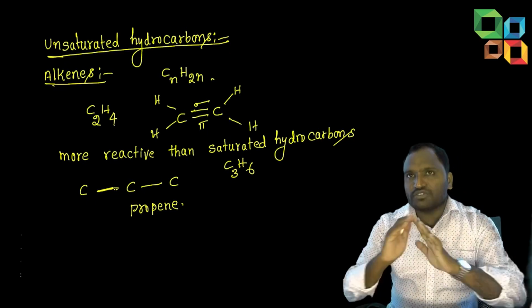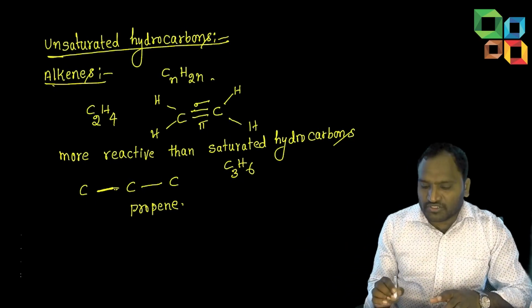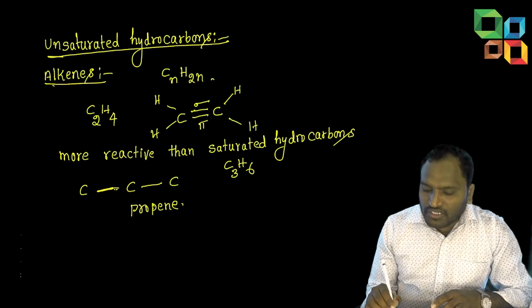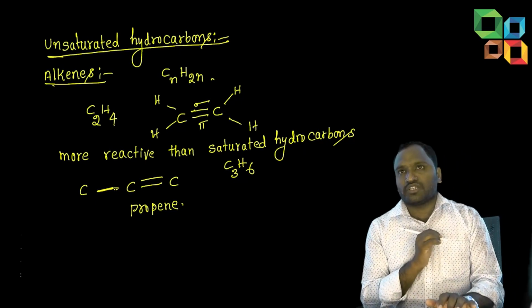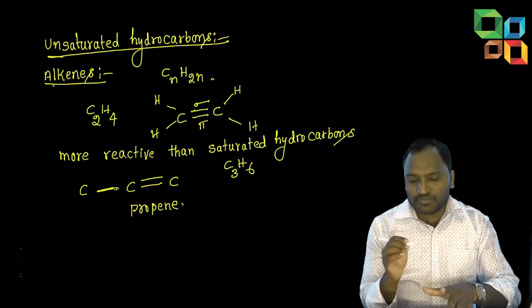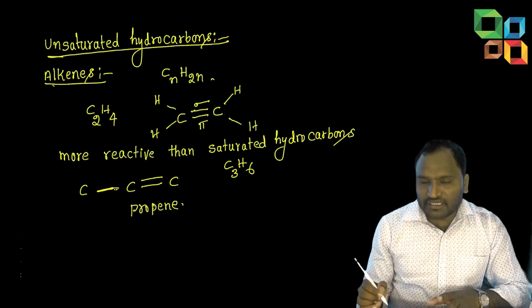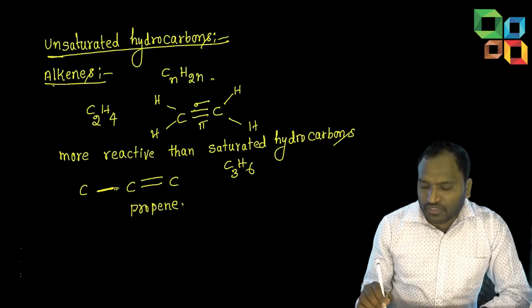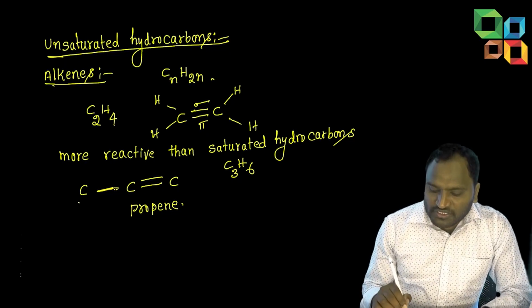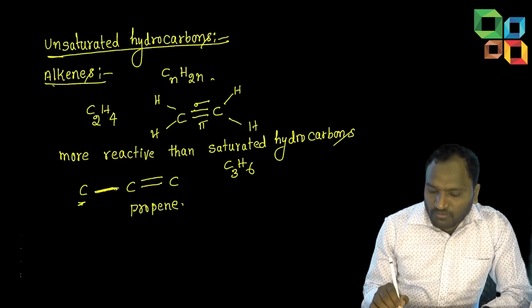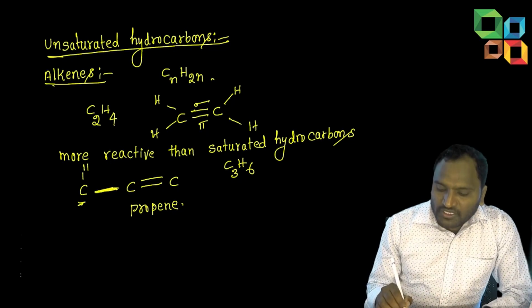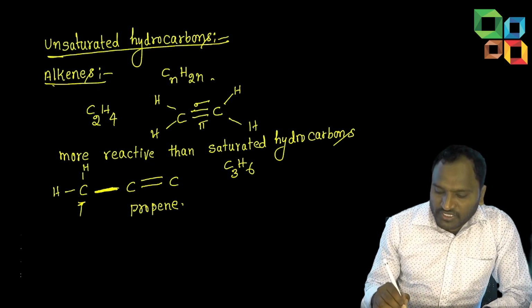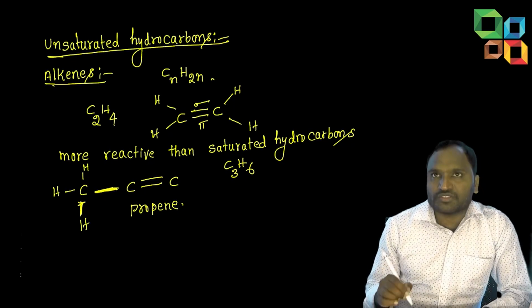Otherwise, even if you don't know the number of hydrogens, you can arrange them. I told you, alkene means at least 1 double bond should be there. You keep 1 double bond on any side, this side or this side, you'll get the same. Now, this carbon is connecting with only 1 bond. 1 bond means it needs 3 more hydrogens because carbon has to connect with 4 bonds.